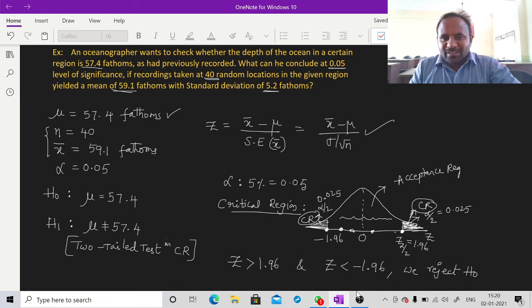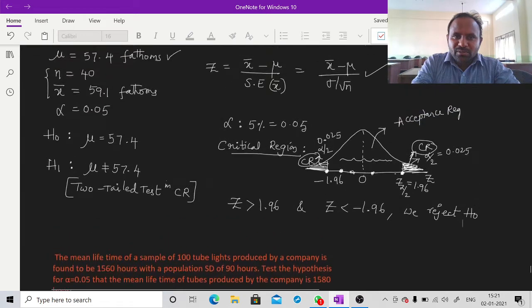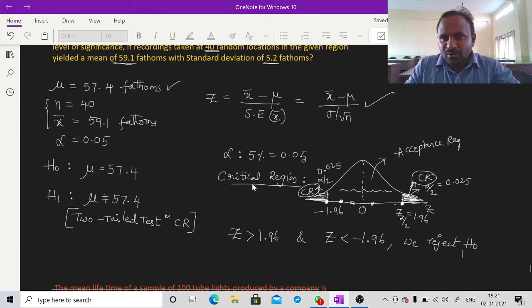So let us check the value of z, and we are going to use this formula to find the test statistic. That is x bar, here 59.1, minus your mean 57.4, over sigma, which is 5.2, over root sample size, here 40.